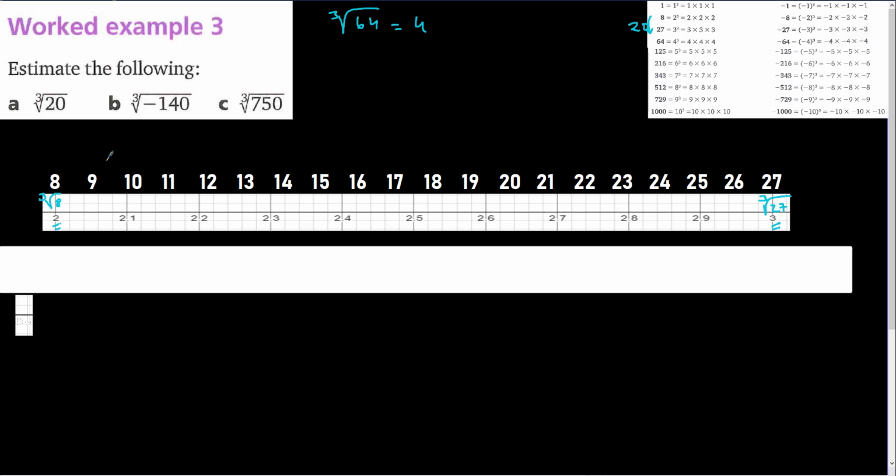So the cube root of 9 is going to be between 2 and 2.1, and the cube root of 10 is going to be approximately 2.1, and so on.